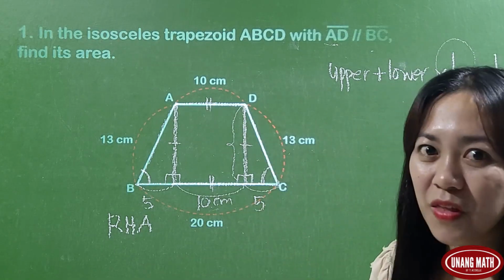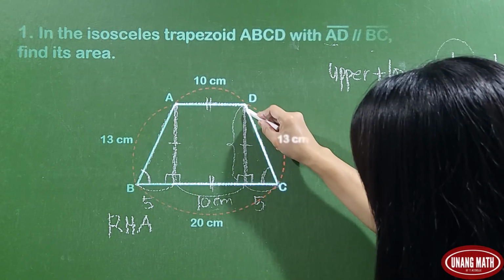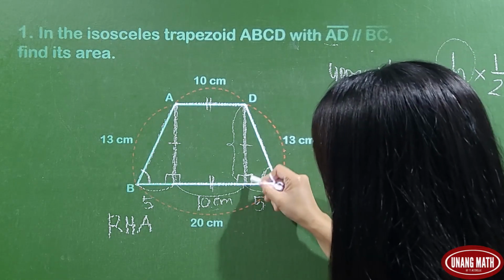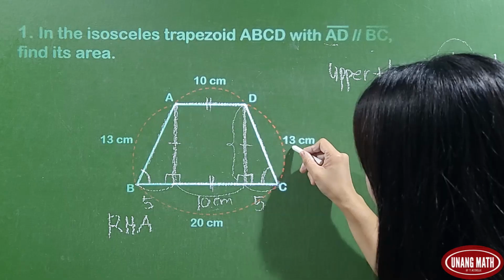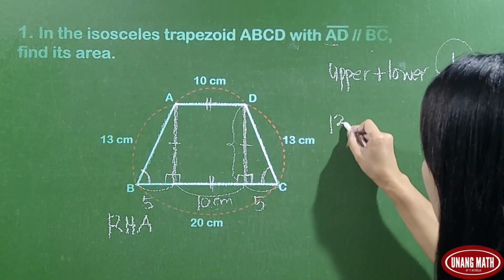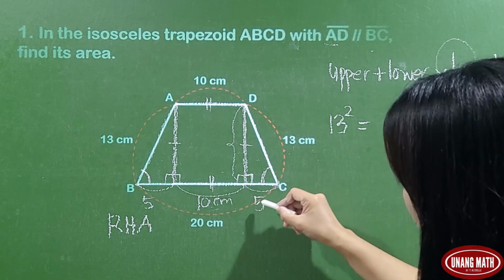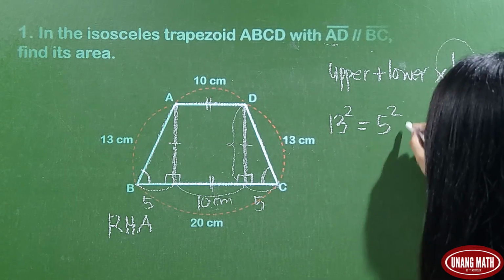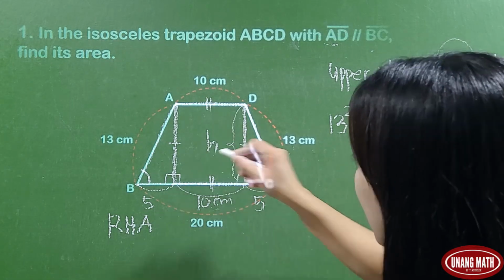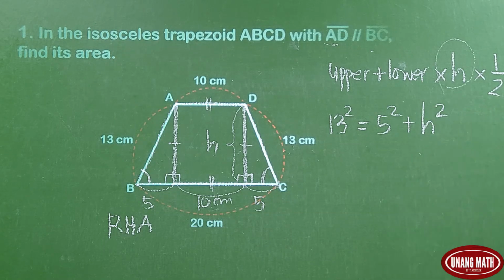So, to use the Pythagorean Theorem, in this right triangle, this side is our hypotenuse because this is our right angle, and the opposite side is this side, so this is the hypotenuse. So the Pythagorean Theorem would be 13 squared equals this side, 5 squared, plus this side. Let's say this is height, so h squared.